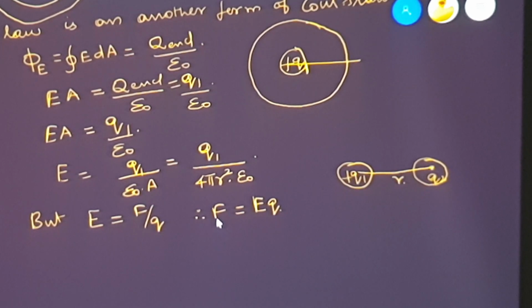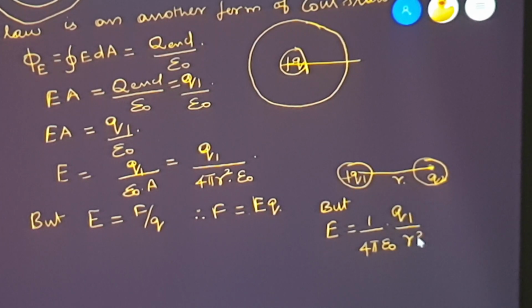Now, if you take F is equal to E into Q, what is the electrical field at this point due to Q1? We know that the electrical field E due to this charge Q1, at the point where Q2 is placed, is given by the formula 1 divided by 4 pi epsilon 0 into Q1 divided by R square. You take this value and substitute it here.